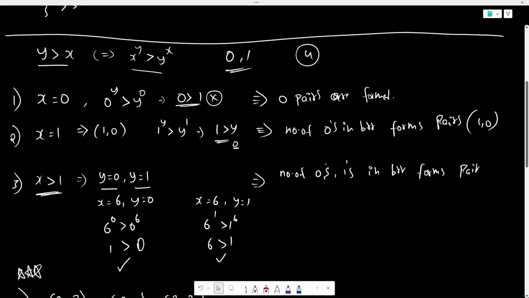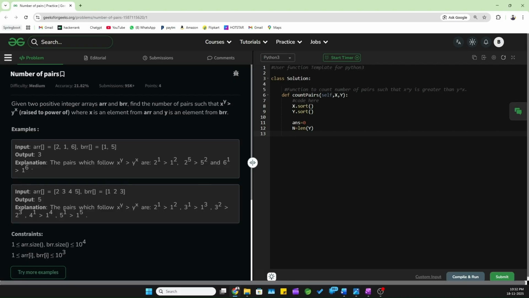So here also the number of zeros and ones in BRR will form the pair. Every time, calculating the number of zeros and ones and twos is tough, right? So that's why I am predefining the number of zeros, ones, twos, threes and fours in y, and I will store them in variables so that I can use them in the code later. It is very simple for calculation.